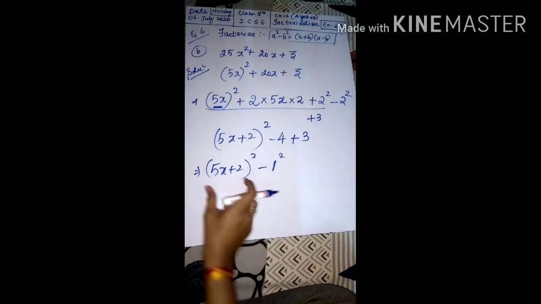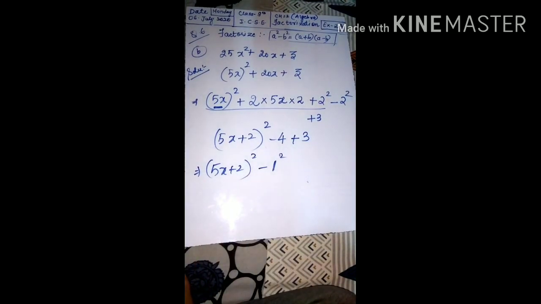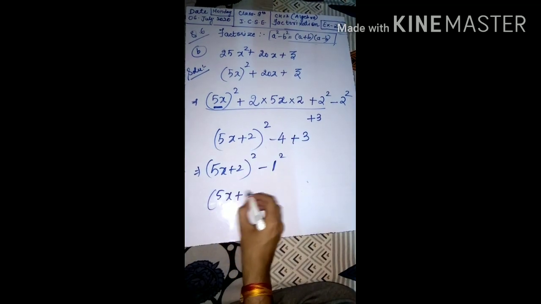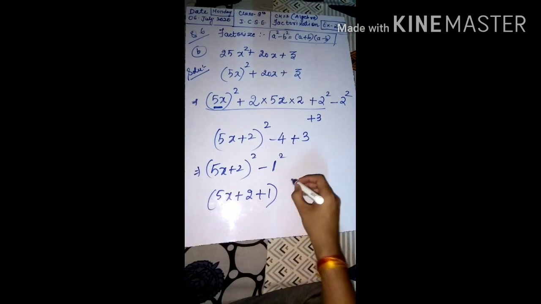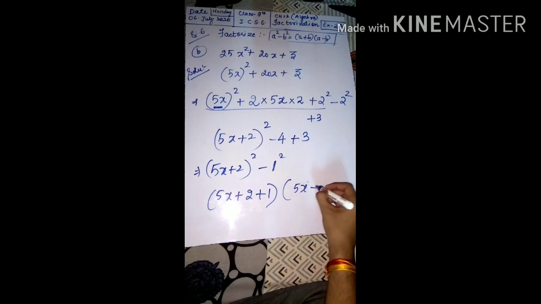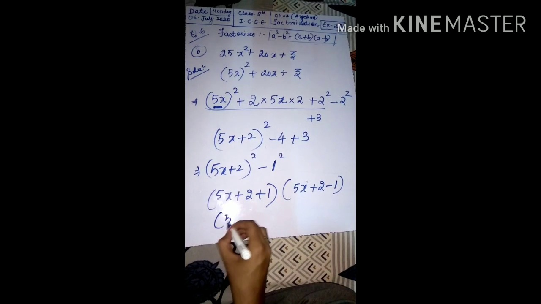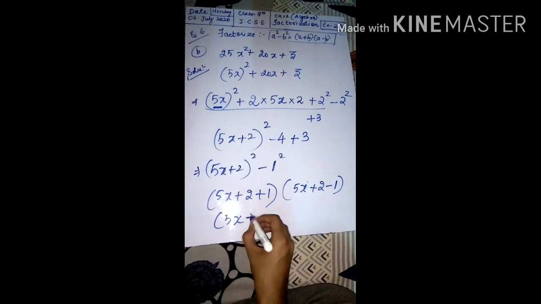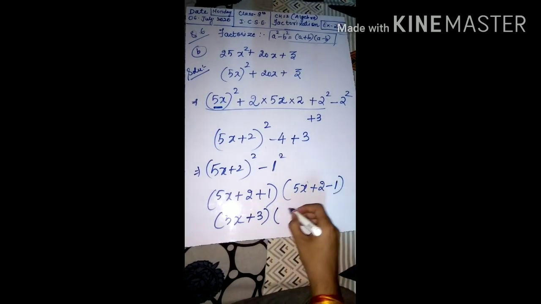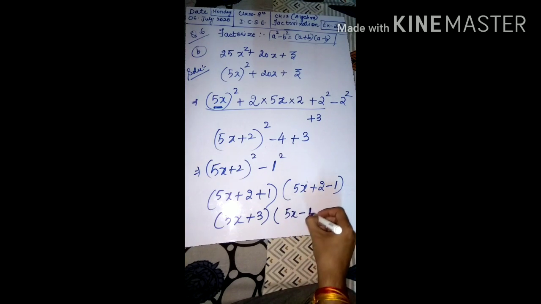Now a square minus b square identity, we can use a plus b, a minus b. So finally we have 5x plus 3 and 5x minus 1. This is the final answer.